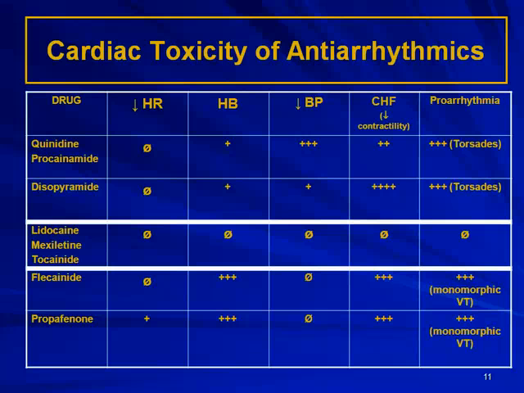Both drugs have the potential to cause heart block because they are relatively potent in terms of their ability to block conduction through the AV node, one of the reasons that they're fairly effective for managing atrial fibrillation. Neither drug probably has much of an effect on blood pressure, primarily because, at least in the United States, they're only available orally. Both can worsen or precipitate heart failure.